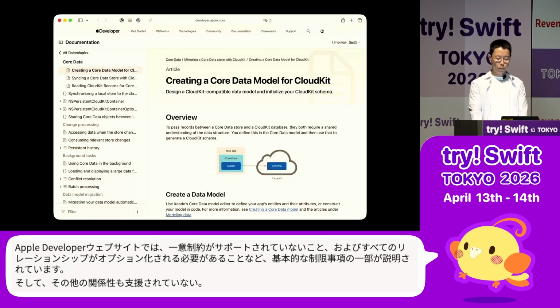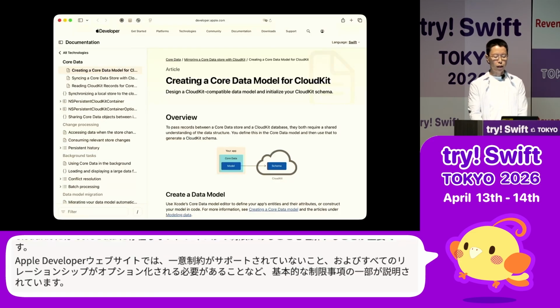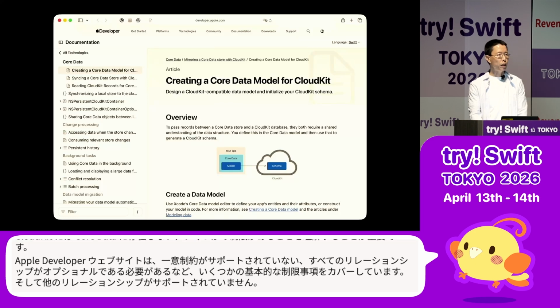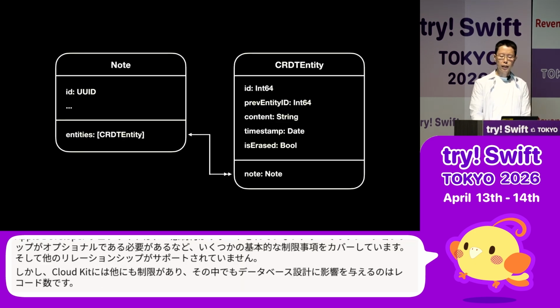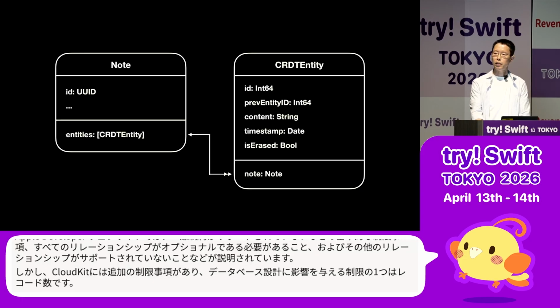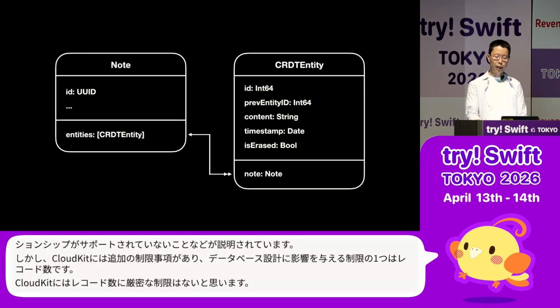But CloudKit has additional limitations, and the one that will affect our database design is the number of records. I don't think there's any hard limit on the number of records in CloudKit, but from my experience, including WWDC labs, syncing a large number of records is likely to cause performance issues.